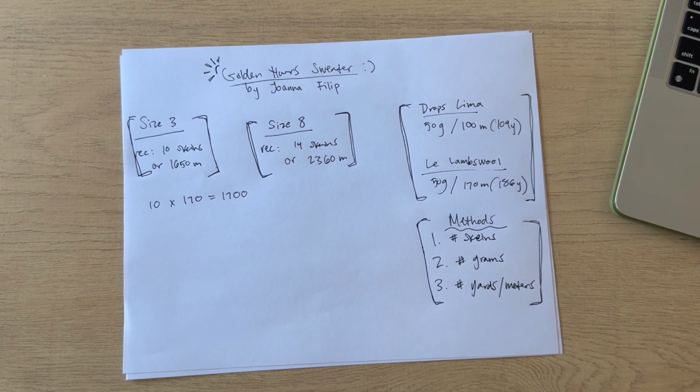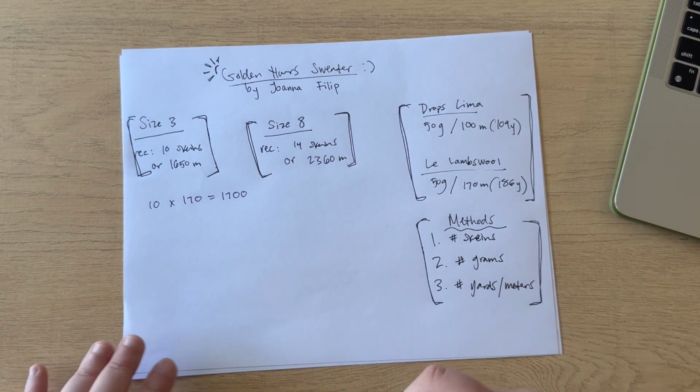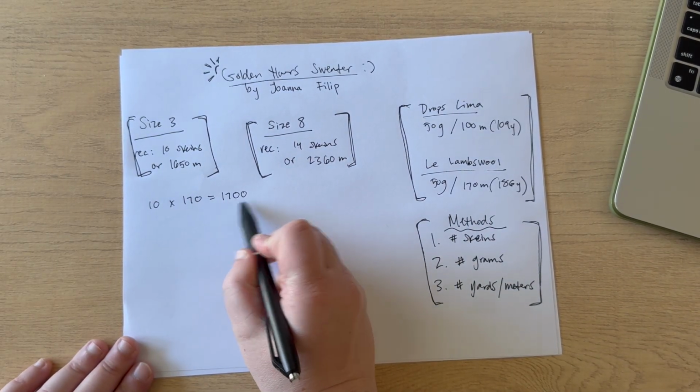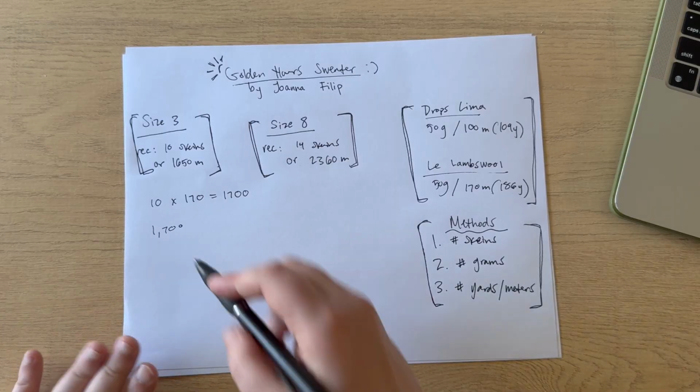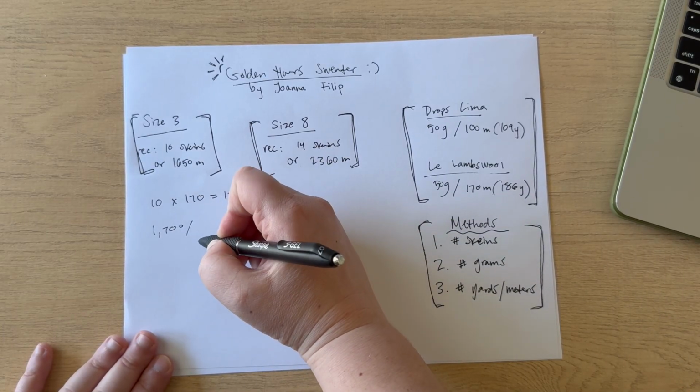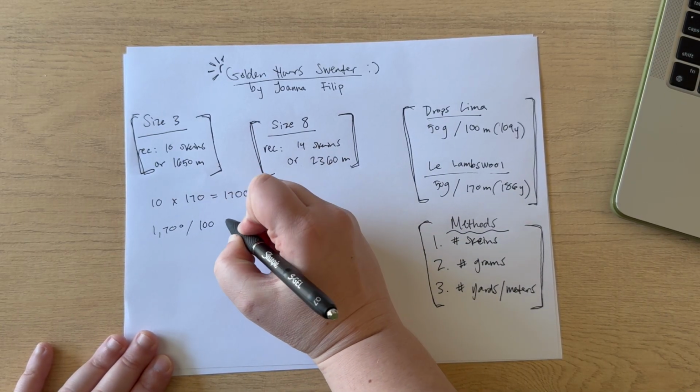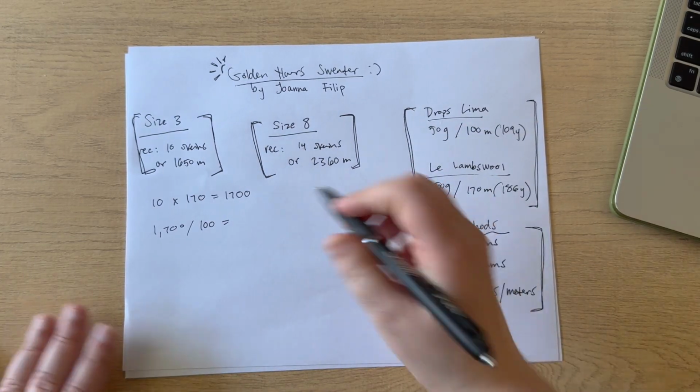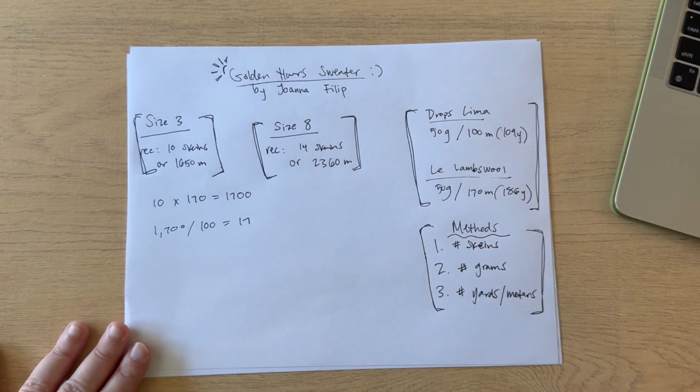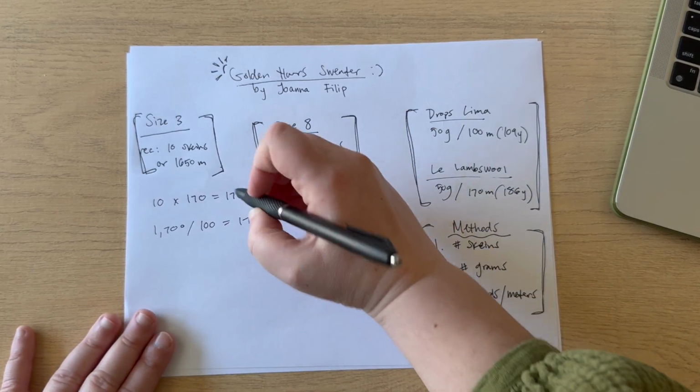How do we know how many skeins of Drops Lima to buy? So in Drops Lima, 50 grams equates to 100 meters, which is perfect for us. So basically, we need to divide this number, 1,700, by 100. So now we have 17 skeins that we need to get of Drops Lima.